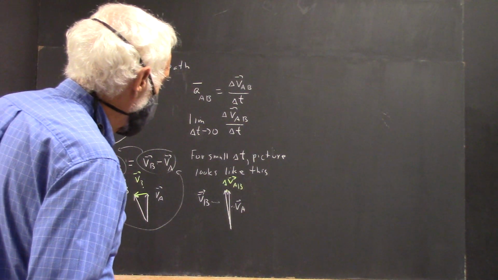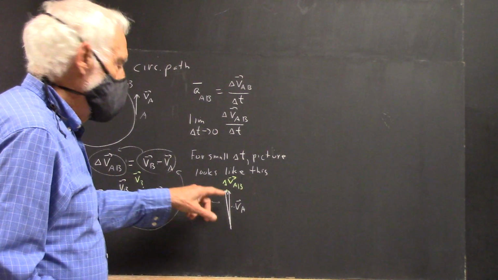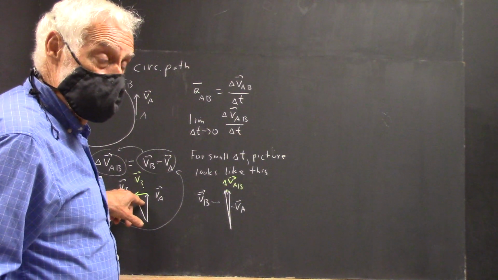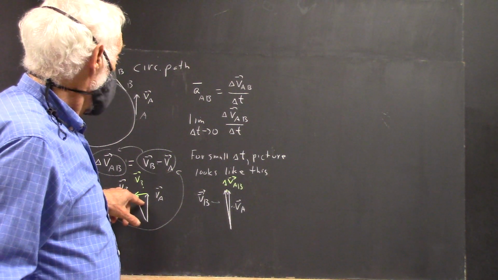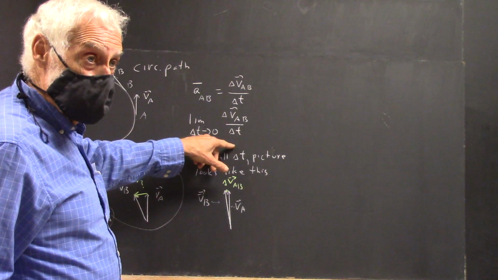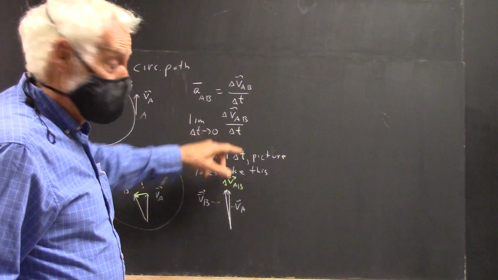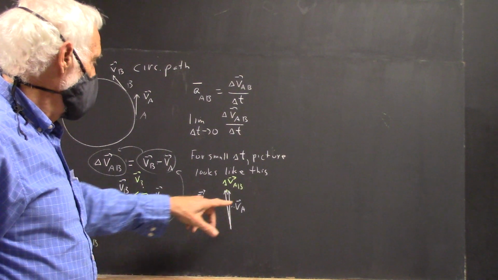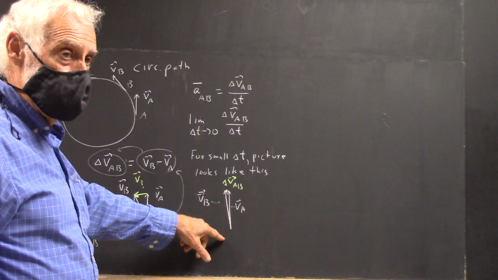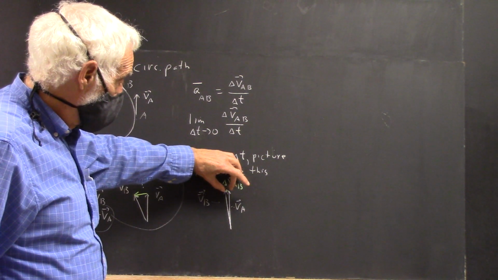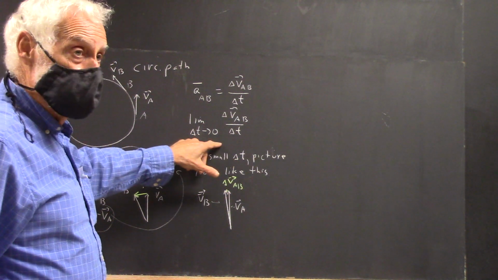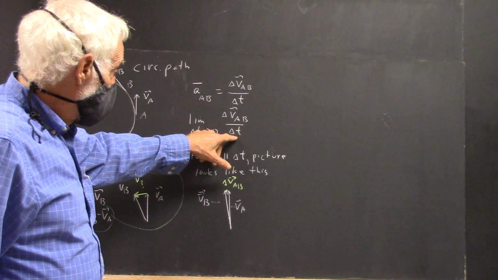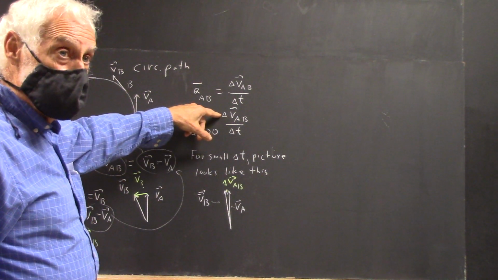Now delta vAB is a smaller value over here than it is over here, but delta t is also smaller. So your magnitude of delta vAB over delta t doesn't change much as you approach the limit as delta t approaches 0. Remember this ratio, as delta t gets smaller, this vector gets smaller.